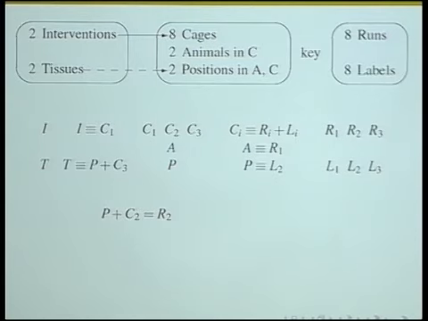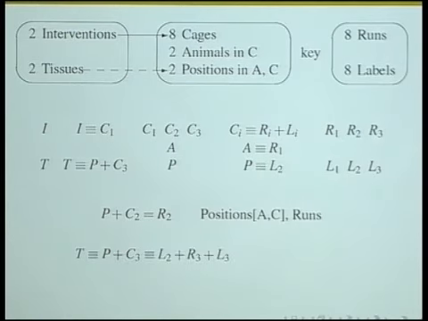I just get R2. This single degree of freedom comes from the variability of positions within animals and cages. This single degree of freedom comes from runs. So when I start to get the ANOVA table, I will have a component from that variance and a component from that variance.